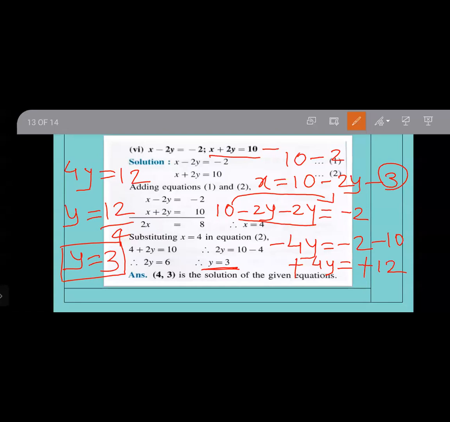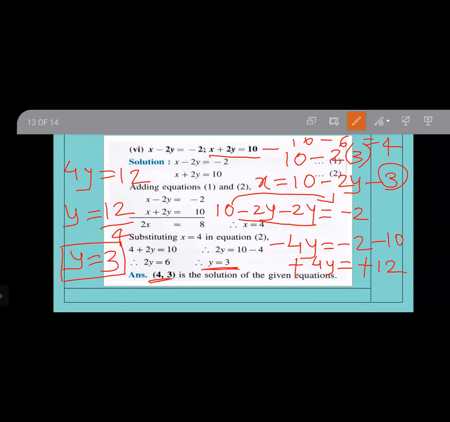So 2 into 3 is 6. So 10 − 6 will be how much? 4. So x = 4. So whichever method you go for, you will get the same answer. You will get the unique common solution only.